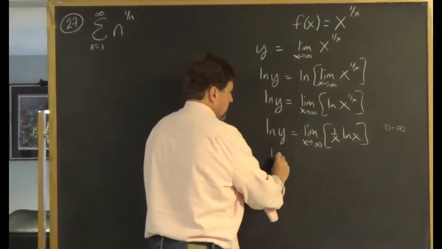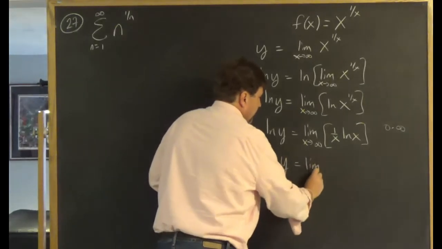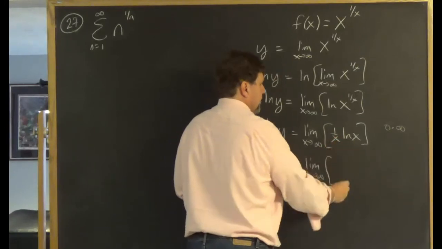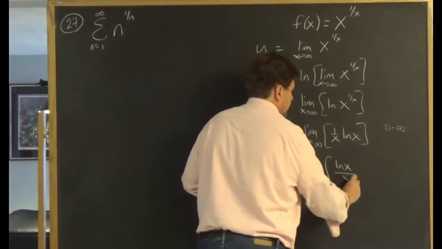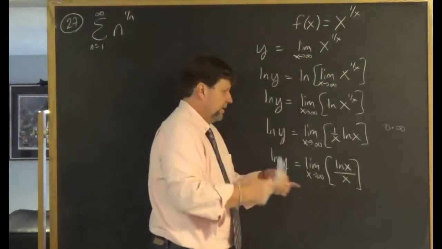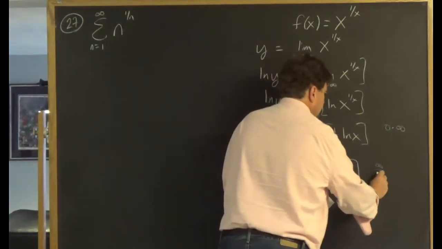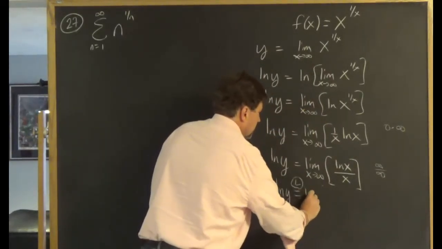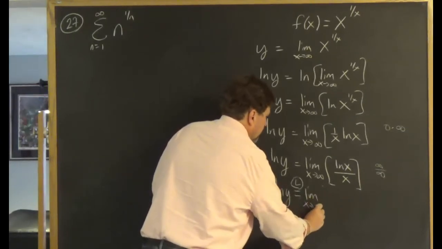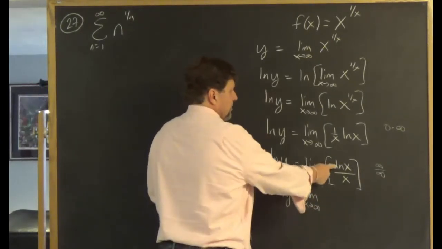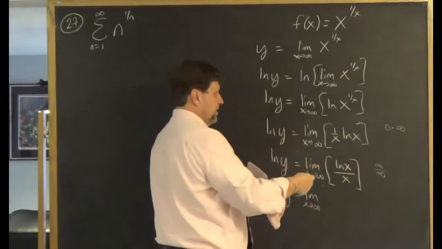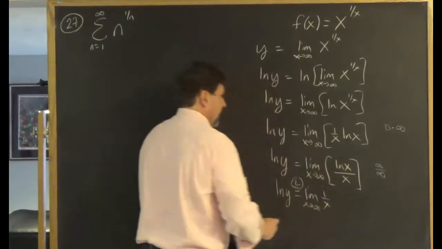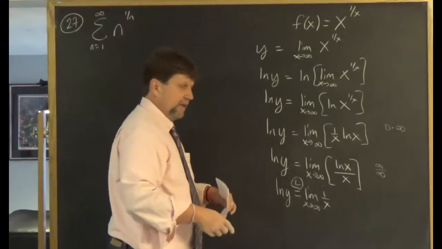But if I rewrite 1 over x times natural log x as natural log x over x, now I have the form infinity over infinity, so we can go to the hospital. And remember, we're only going to the hospital on the right side. So the derivative of ln x is 1 over x. Derivative of x is 1, so we have 1 over x over 1. That's 1 over x.